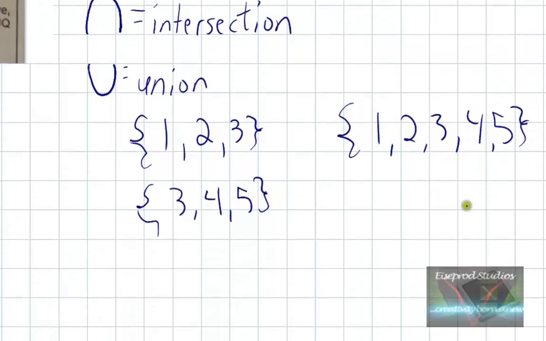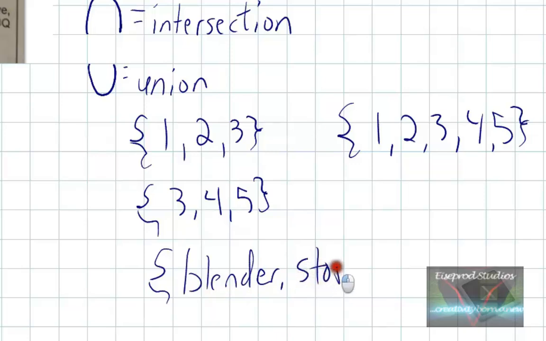And so I'll give you an example using not numbers. So let's say there's a blender, a stove, and a vase.